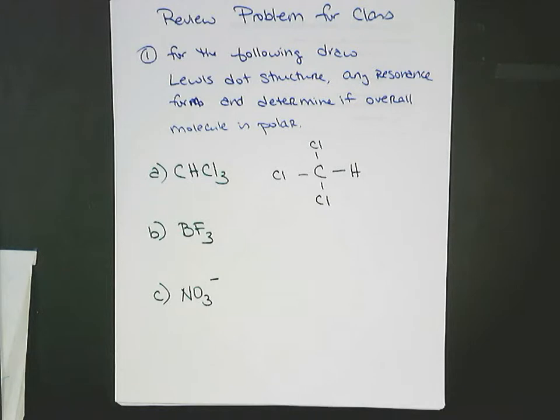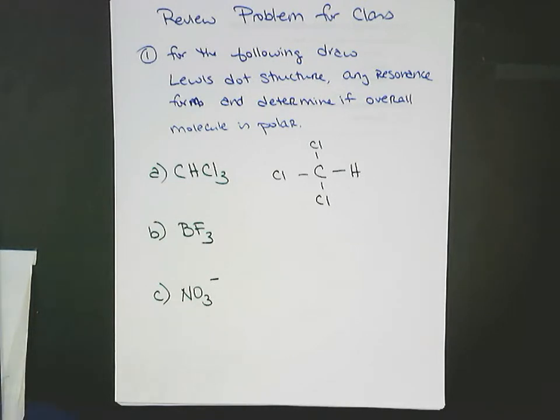Hydrogen brings 1. And then chlorine each brings 7. So that's 21 plus 5, okay, 26. Good. 26 electrons. At the end of the day, my math skills are rapidly declining.